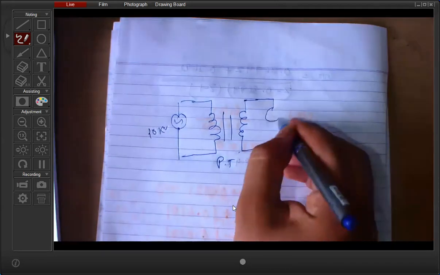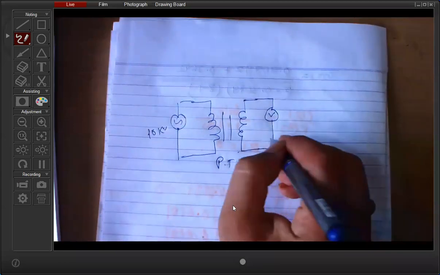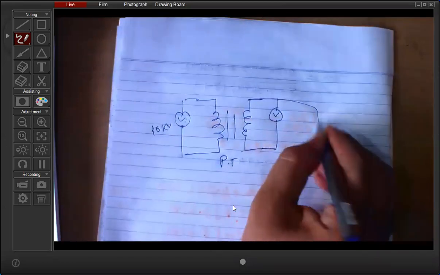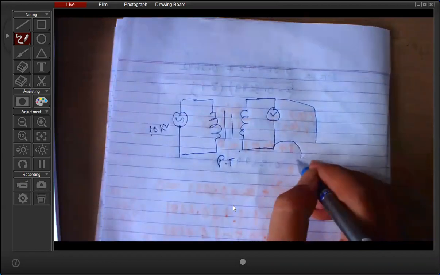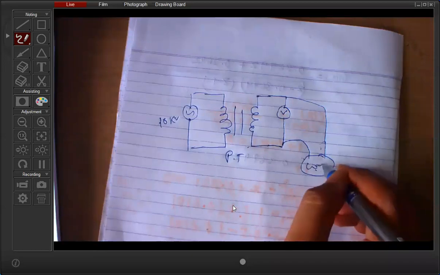Either a voltmeter or the potential coil of the wattmeter. Yes or no?